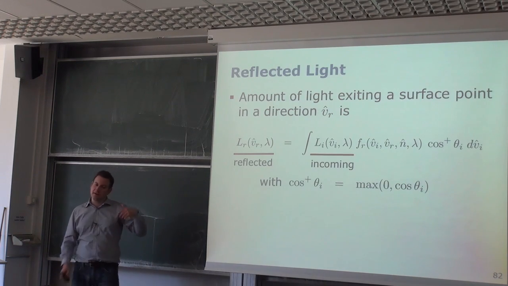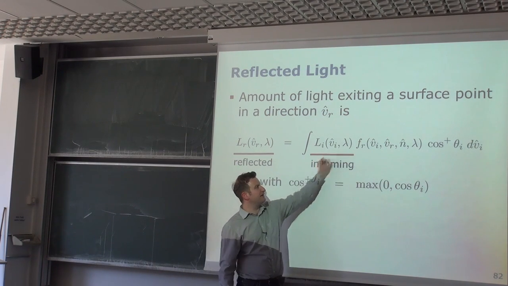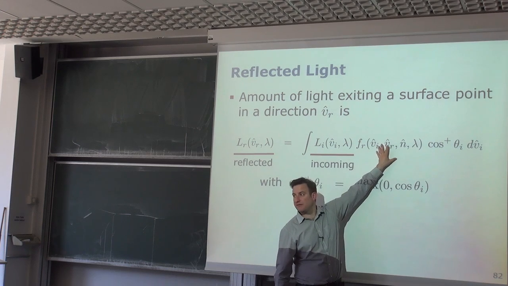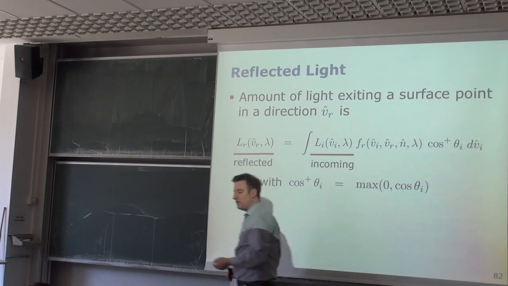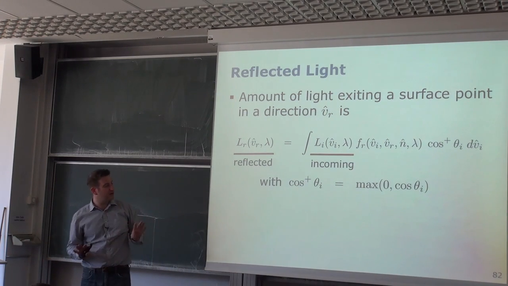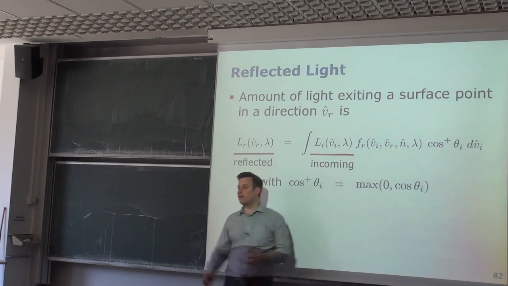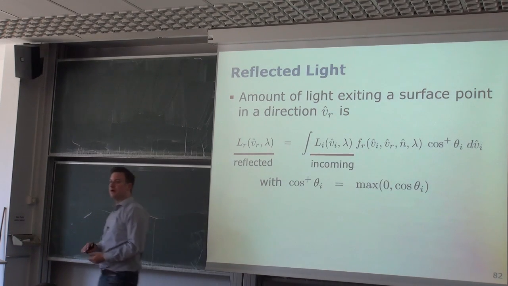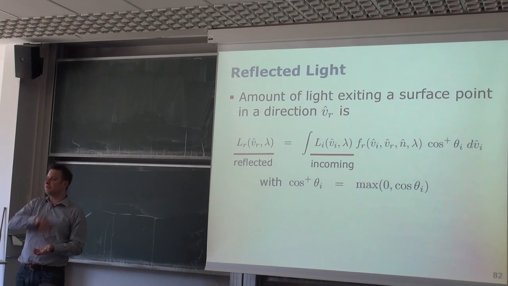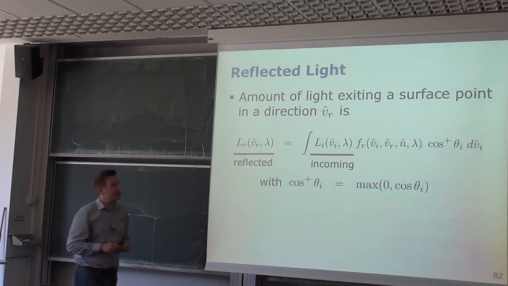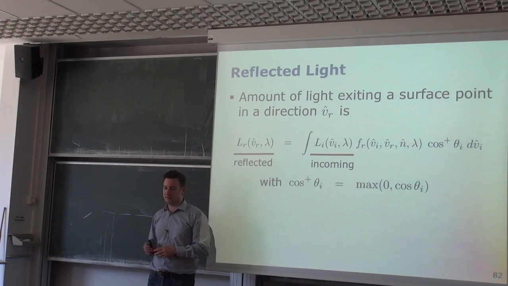Also, the amount of light which is reflected depends basically on the incoming light and this BRDF function. And of course, you don't want to look at it from below the surface, at least if the material is not transparent. And you basically need to integrate over this BRDF and the intensity of the input. So the BRDF is a density which you need to integrate in order to obtain the amount of light that is in the end reflected.